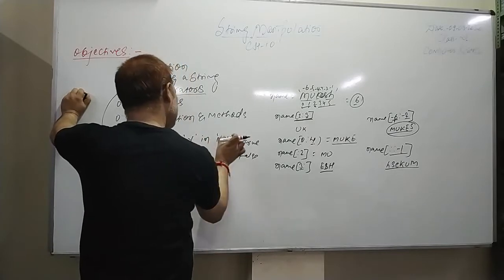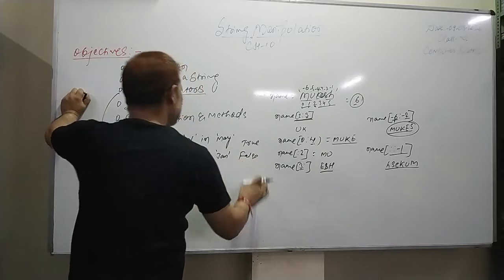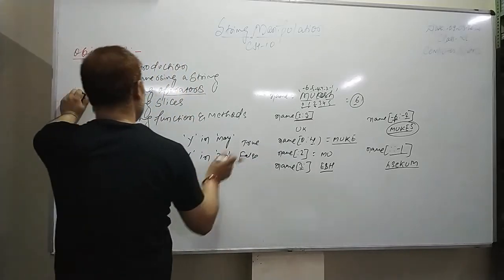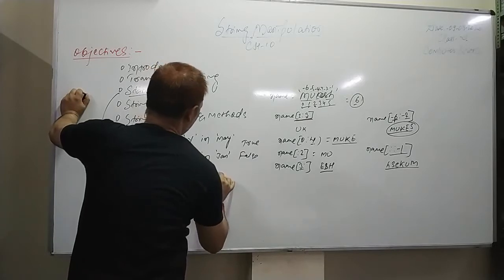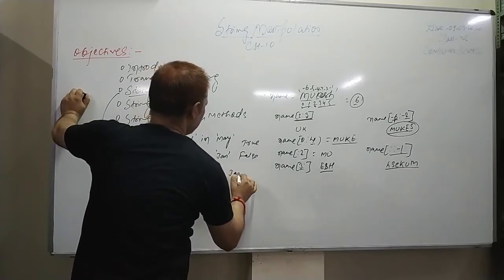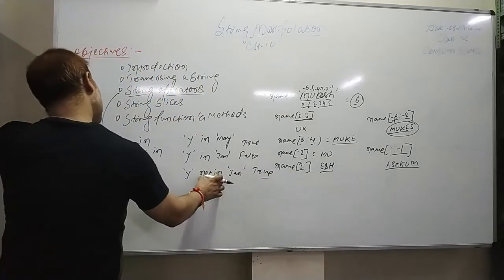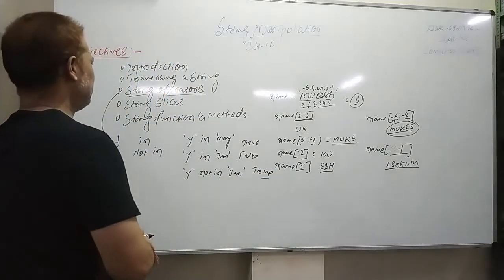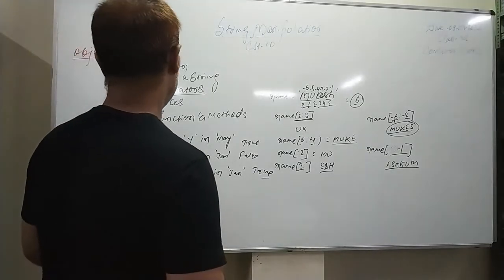As you can see, y is present in May, that's why the answer is true, and y is not in this, that's why it's false. Just not in, you can also check: y not in Jan. Now the answer is true because y is not there and we are checking for not in. So in and not in, plus and star, these are the 4 operators that generally help us to manipulate the string.